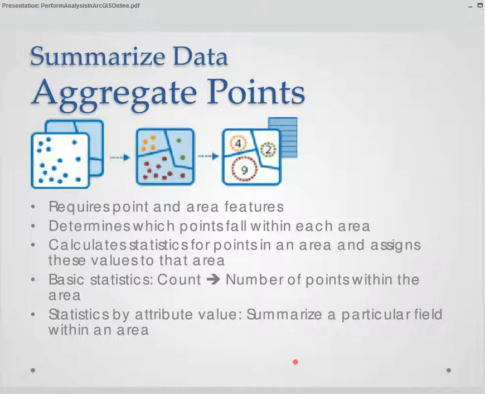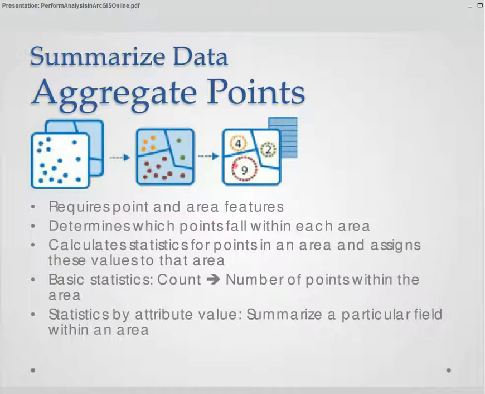So when you're in summarize data, you have several options. You can aggregate points. So in aggregating points, this little graphic gives you the input and output. You can see it requires a point and an area feature. So what you're doing is you're saying how many points are within each area. And what it does, the simplest, is just gives you a count.